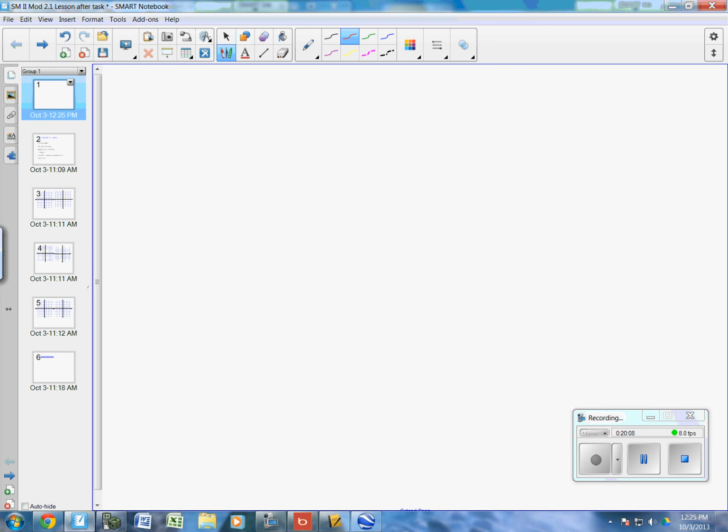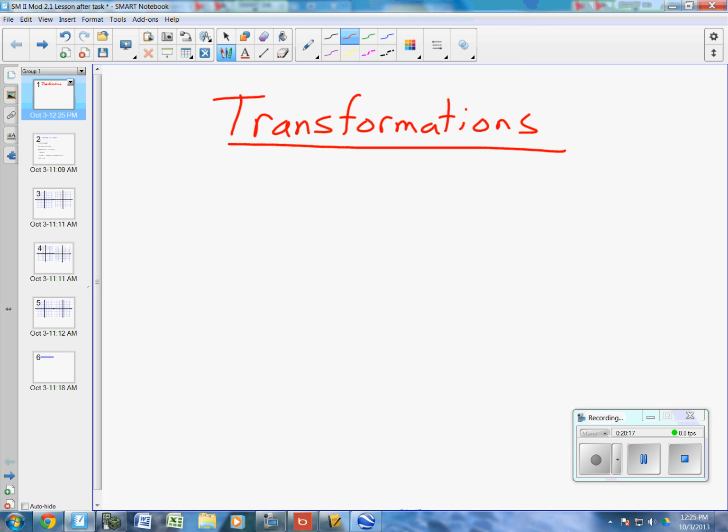Okay, here we go. You guys, what we've just been talking about are transformations. You've learned these things right here. If we compare all these to y equals x squared, and maybe I should write it like this, f of x equals x squared. This is module 2.1.